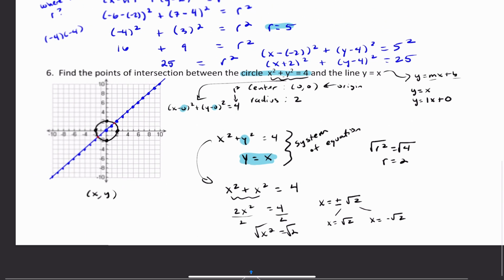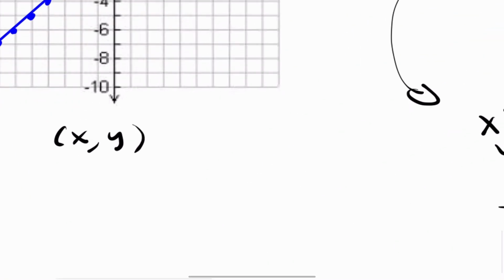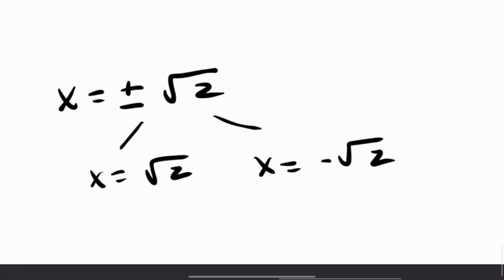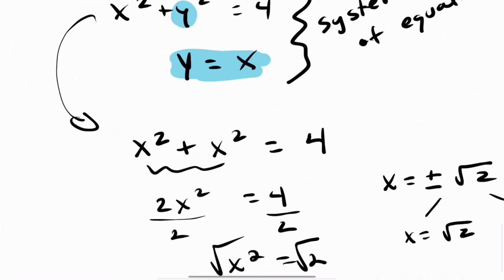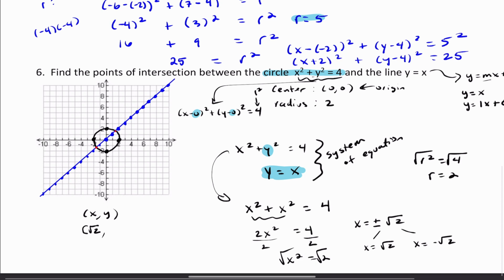Now, look at this. Our points must be in the form x comma y, right? So if I plug in root 2 into this, then what is y? Well, y'all, y is currently x, right? So if I plug in root 2 here, that's y.